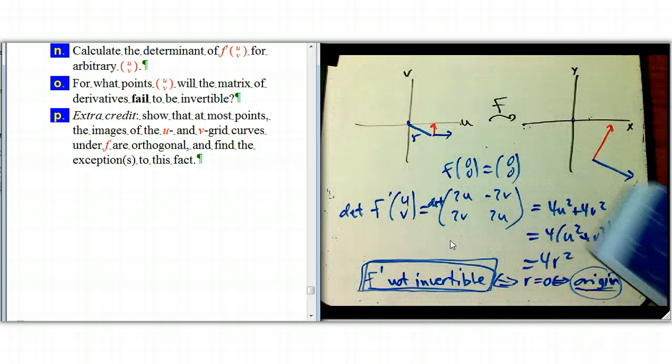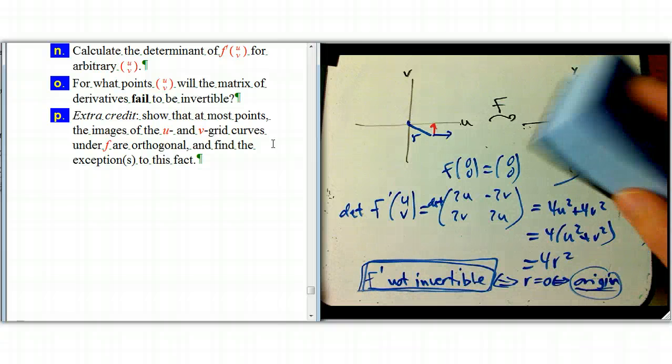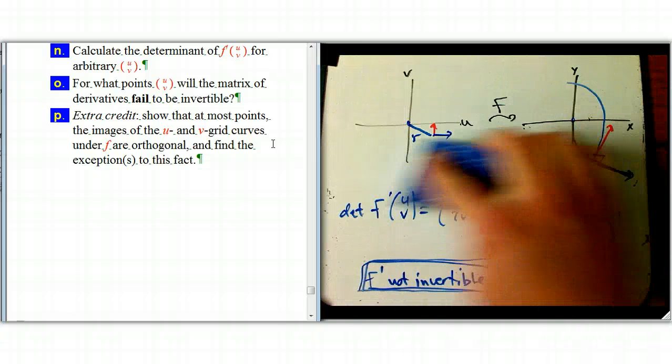For this particular map, though, there's this nice fact that as long as the matrix is invertible, you get what we've already observed, that the u and v grid curves, the images of the curves, these parabolas, look like they intersect orthogonally everywhere. So let's do that.